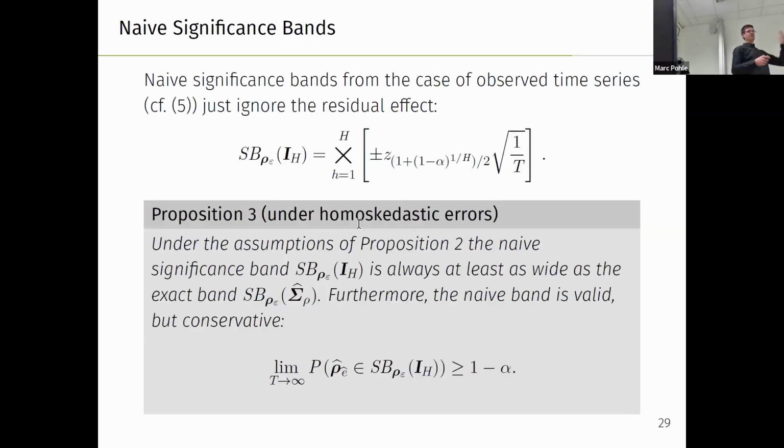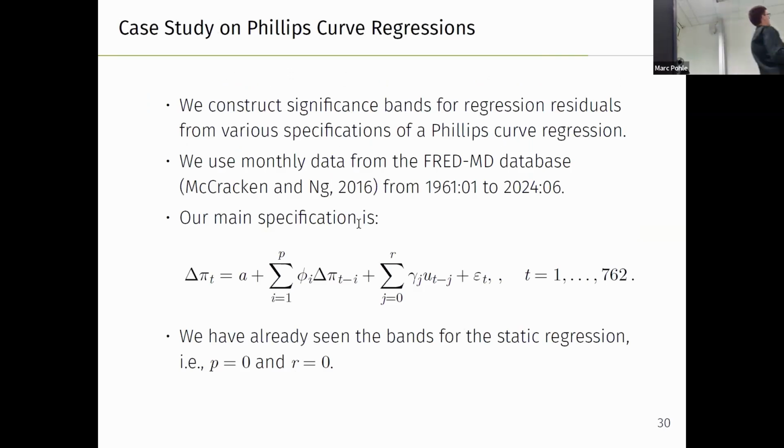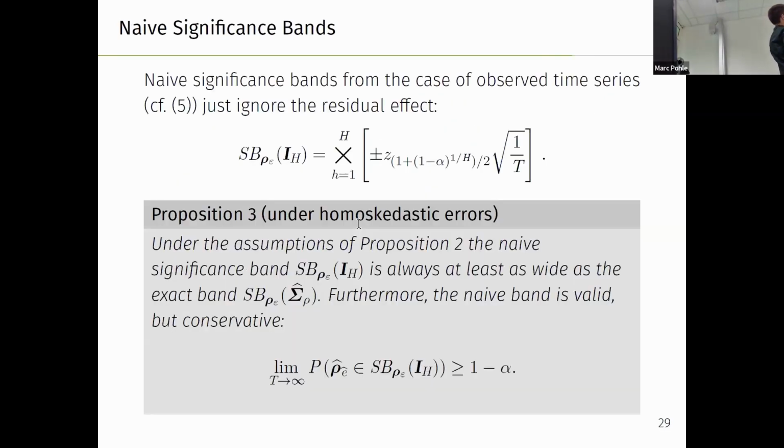So they are asymptotically conservative, with a coverage of at least 1 minus alpha. We will see in two slides that they have an interesting behavior.